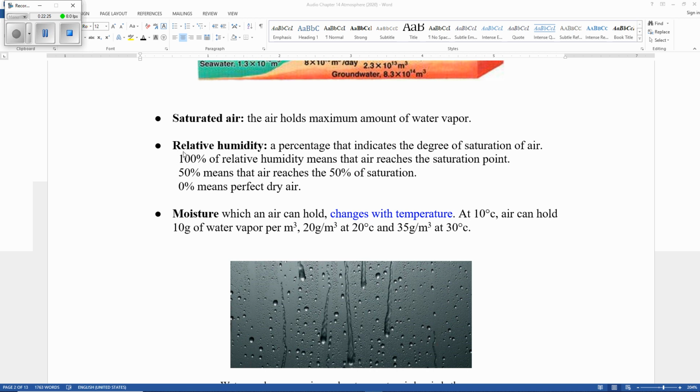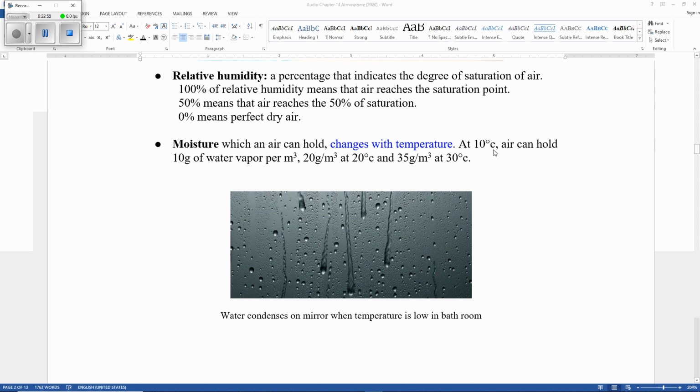So what is the definition of relative humidity? That's a percentage that indicates the degree of saturation. 100% means the air cannot hold anymore. That's the maximum. 50% means 50% of saturation. So remember the relative humidity is a percentage that indicates the degree of saturation of the air.